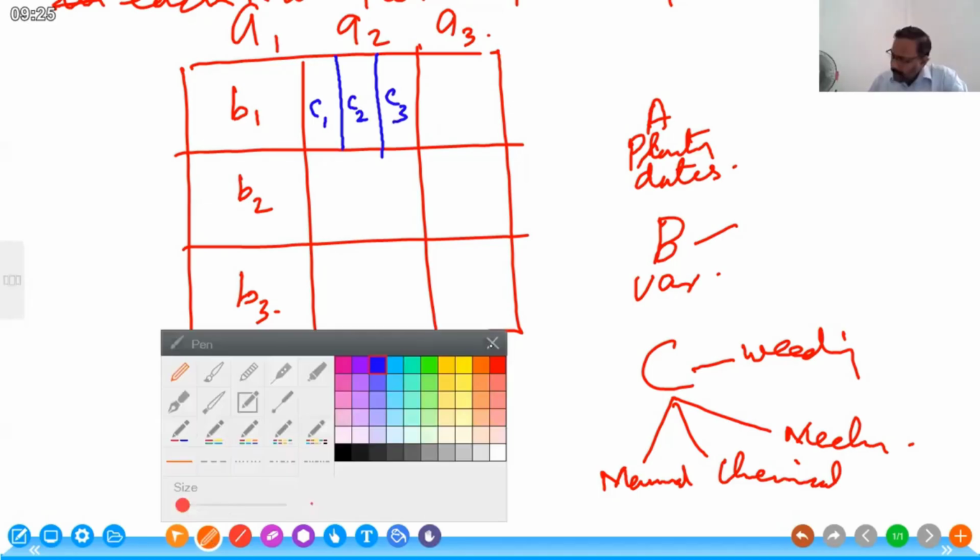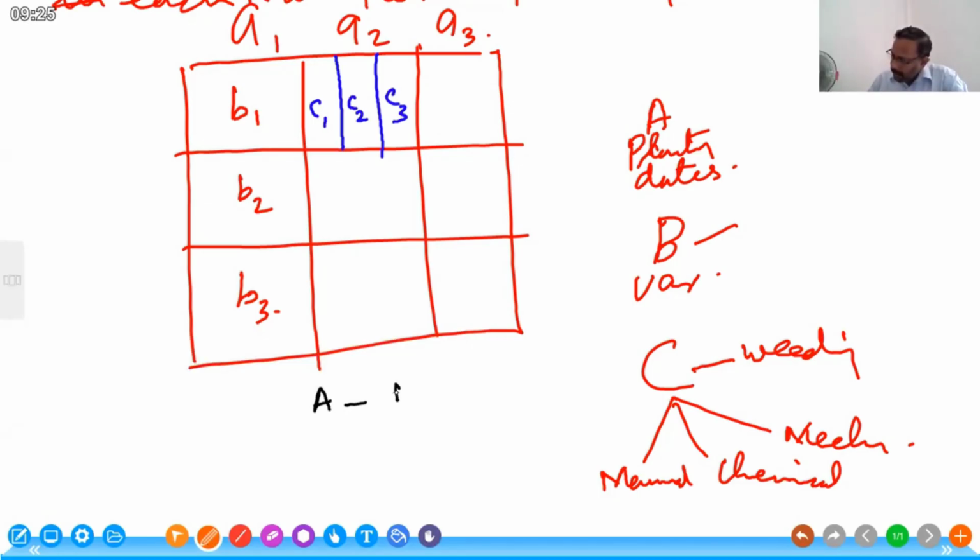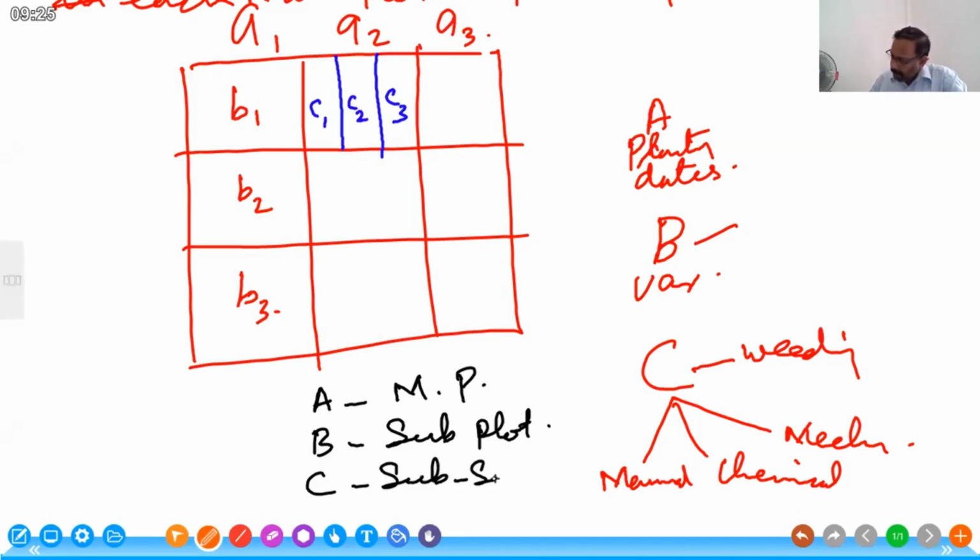So we could say A is in the main plot, B is in the subplot, C in the subplot.